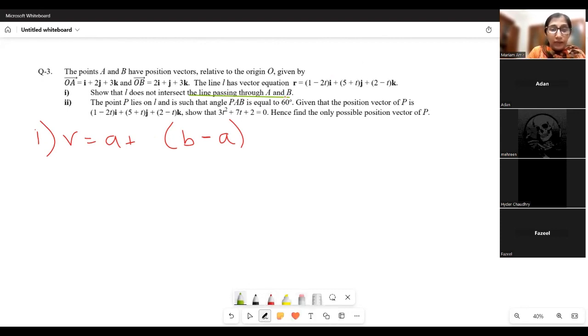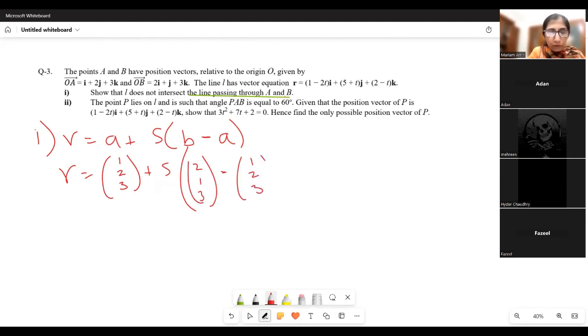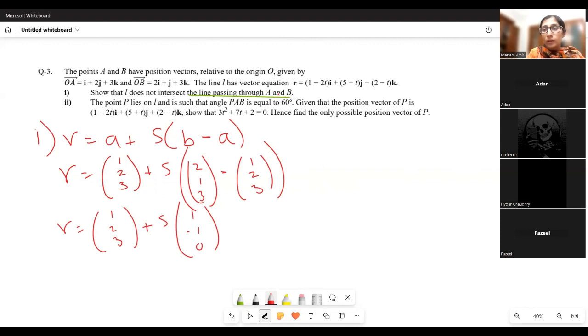So let's say s. So r equals (1, 2, 3) plus s times (2, 1, 3) minus (1, 2, 3), which gives (1, 2, 3) plus s times (1, minus 1, 0). Okay, that is the vector equation of the line passing through A and B.